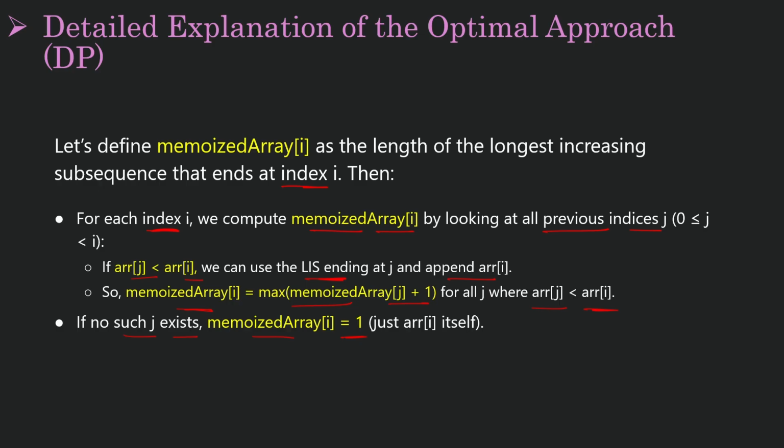Finally, the length of the LIS for the entire array is the maximum value in the memoized array, since the LIS can end at any index.